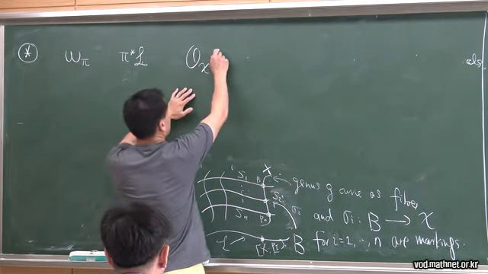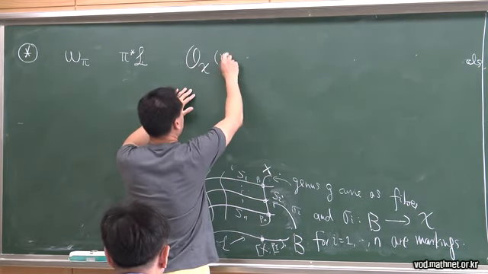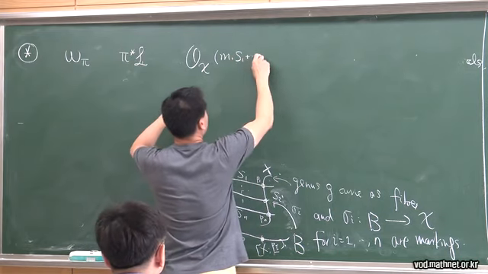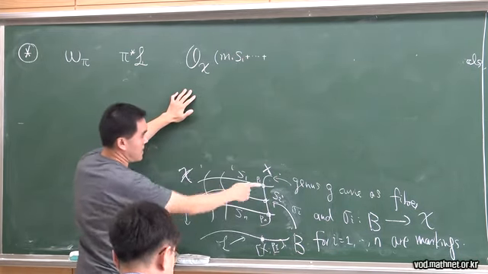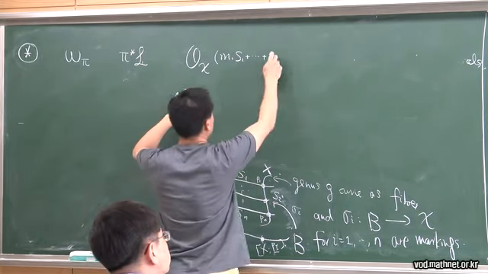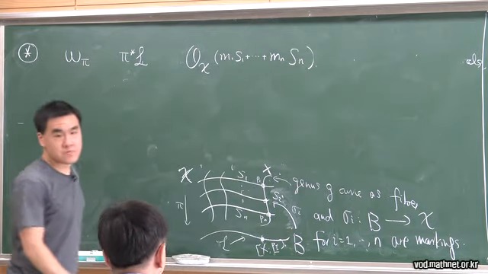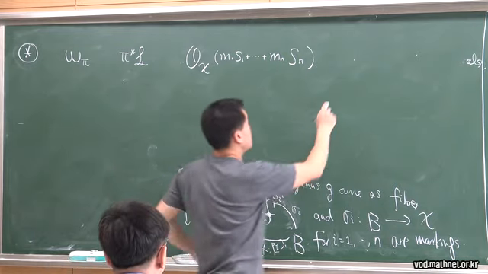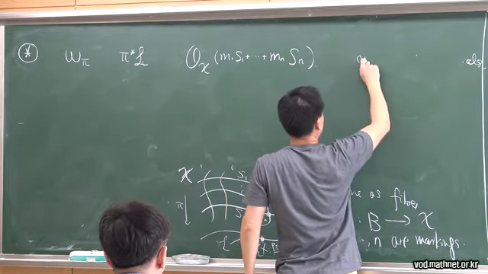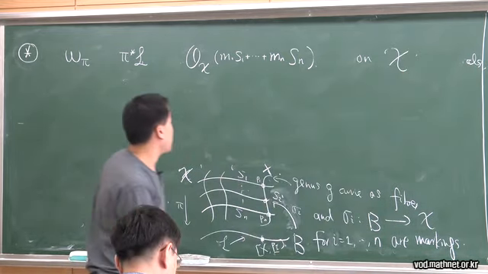So I have another bundle, O_X of m1 s1 plus m2 s2 and so on. I treat each si as a divisor inside the surface, so I get another line bundle class. These are all line bundle classes on the total curve, curly X.